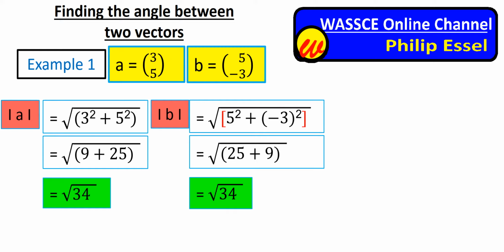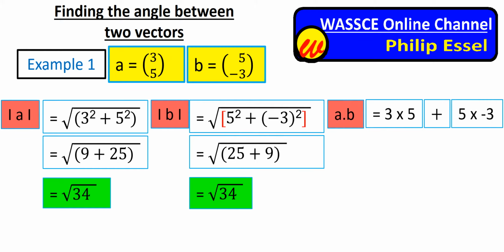We now know the magnitude of the two vectors. Let's look for their dot product. The dot product of the two vectors A and B will be equal to 3 times 5 plus 5 times -3. And I believe you know how we arrived at this. We just multiply the two x components of the two vectors.